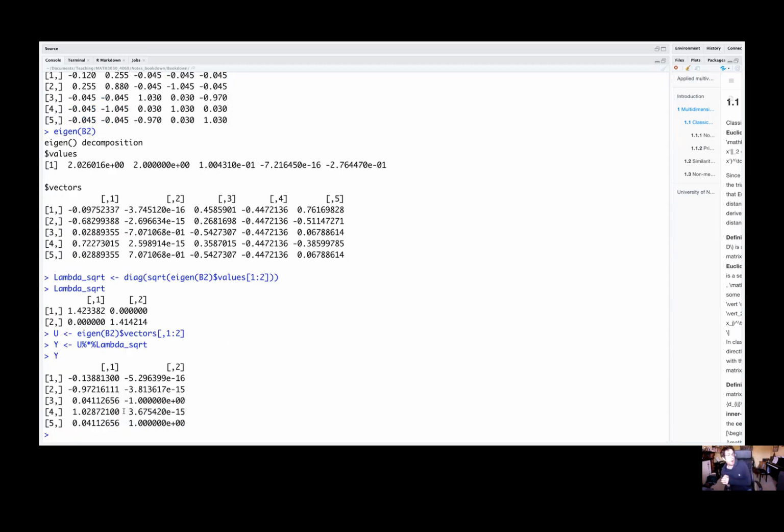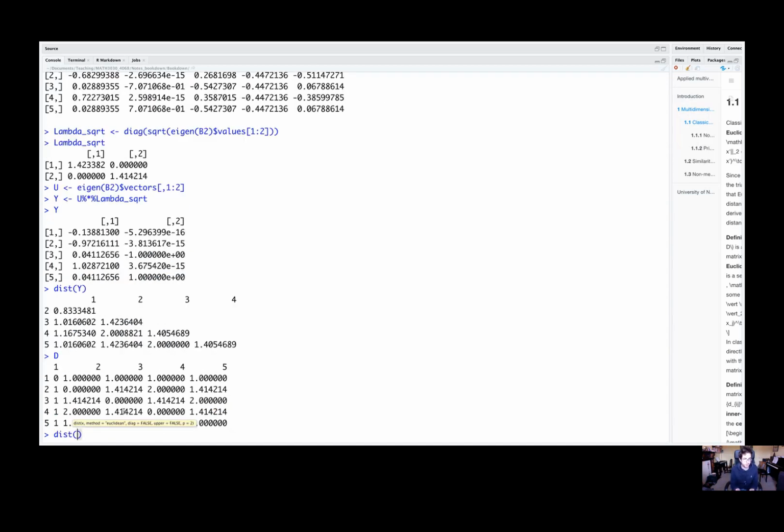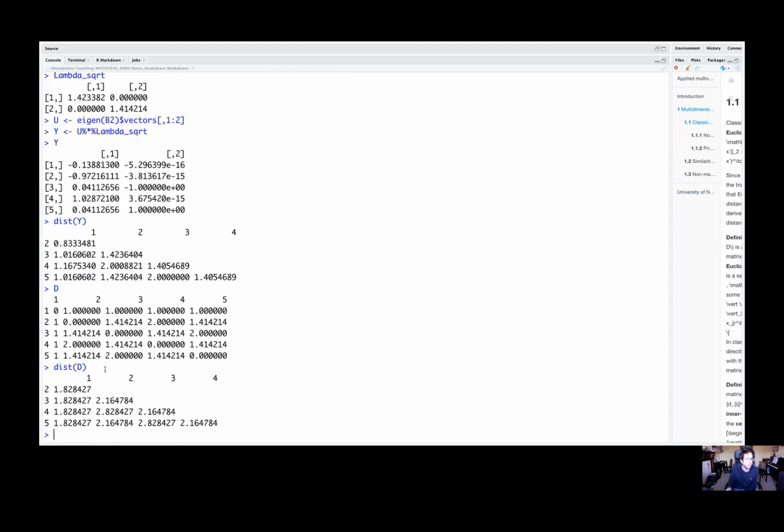And so this is a set of points. If we look at its distance matrix, Y, this distance matrix is an approximation of the distance matrix we had originally. So let's do this D. Okay, so the distances are different, quite different in places. Oh, that's not the right distance matrix, is it?